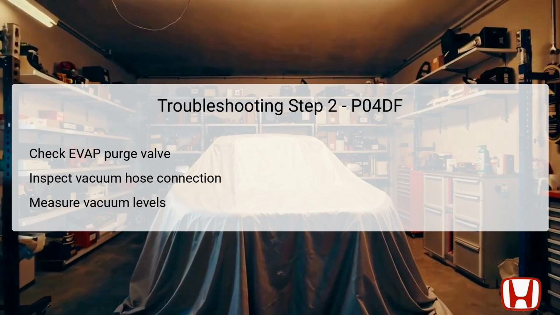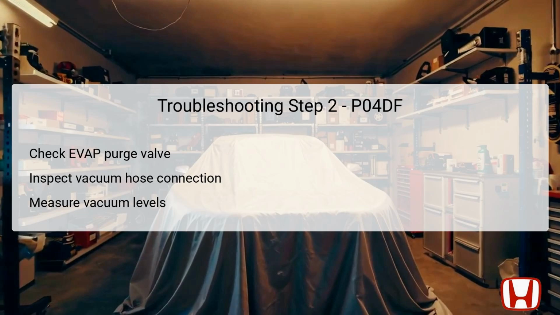For the second step, you'll examine the EVAP canister purge valve to determine if it is stuck open. Start by removing the purge valve while keeping the connector and vacuum hose attached. Disconnect the vacuum hose from the purge valve and connect a T-fitting alongside a vacuum gauge and a vacuum pump to gauge the valve's integrity.